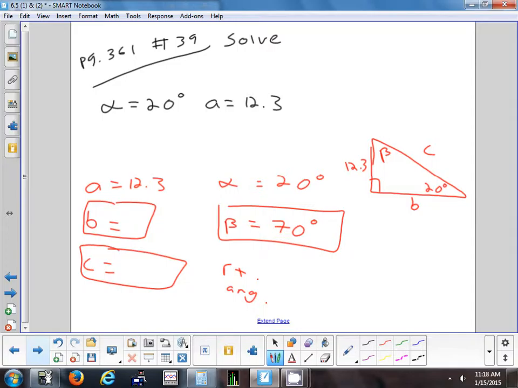Let's see if we can get B next. Use the two pieces of information you were given. And I circled B because that's what we're trying to find.